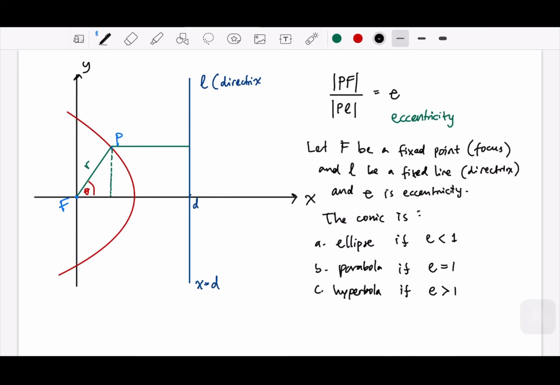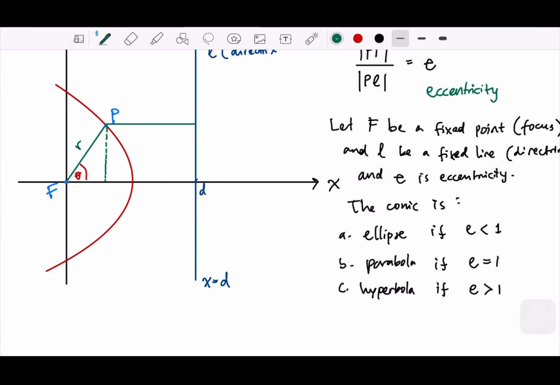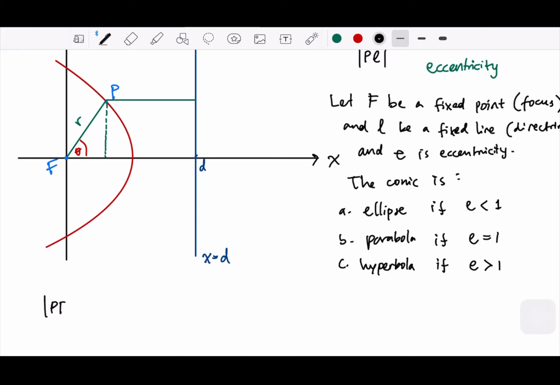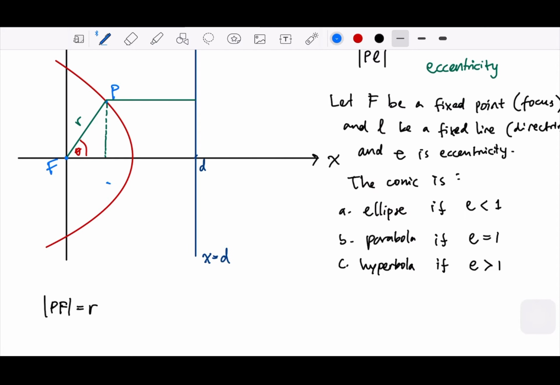Now, if we look at the picture on the left, we know that PF, the distance from P to F, is r. Let me write PF equals r, right? And our PL, let me draw the distance for you. This is PL, and this is PF.